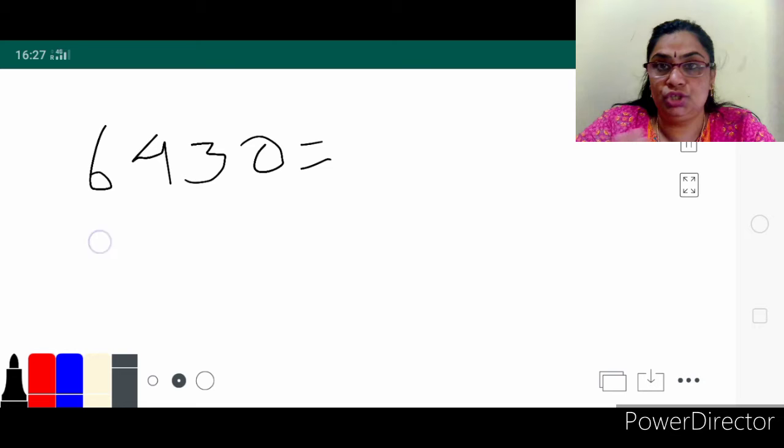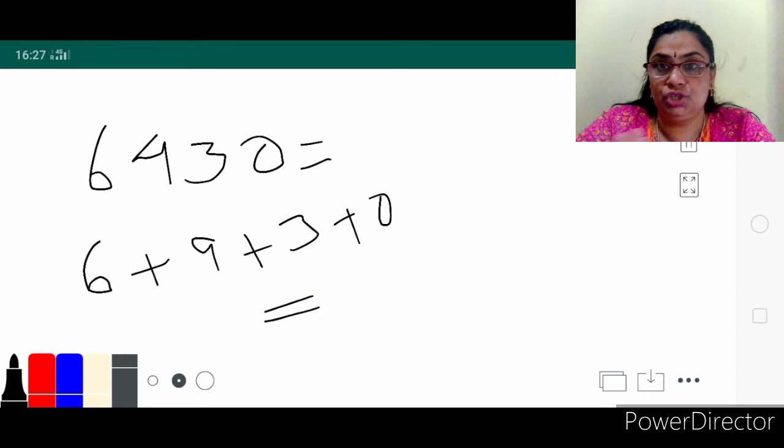The sum of digits is 6 plus 9 plus 3 plus 0, which is equal to 6 plus 9 is 15, plus 3 is 18. 18 is divisible by 3. So the given number 6,930 is divisible by both 2 and 3. So 6,930 is divisible by 6.